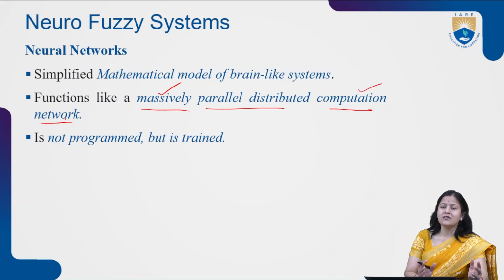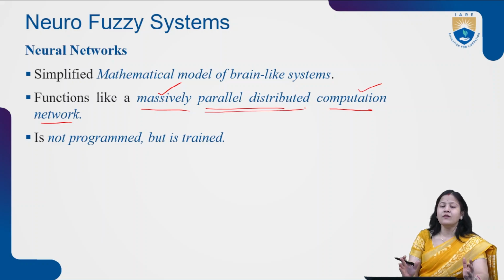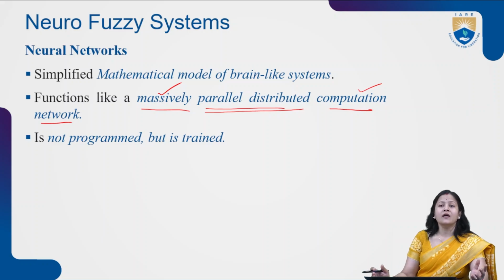That means this type of network can perform complex calculations, or it can solve complex problems. And parallelly distributed means, as all the neurons are connected with each other, if any neuron fails at any point of time, other neurons which are connected can take over the failed neuron's work, and they resume their work, and they do not stop.